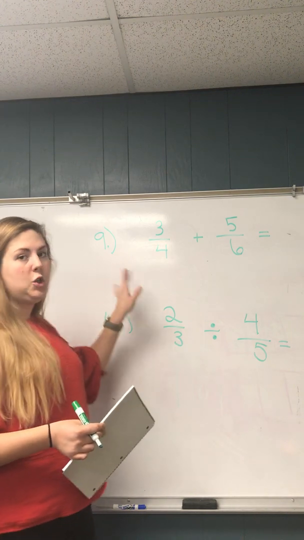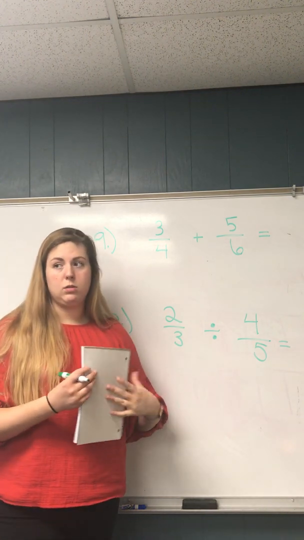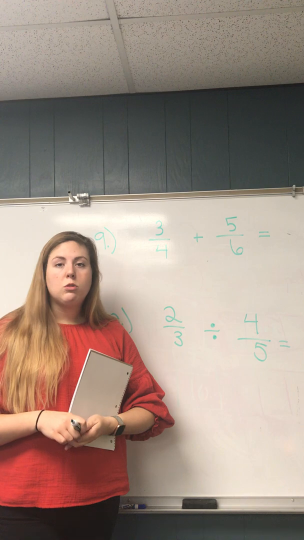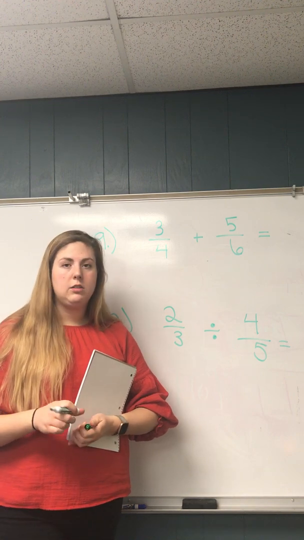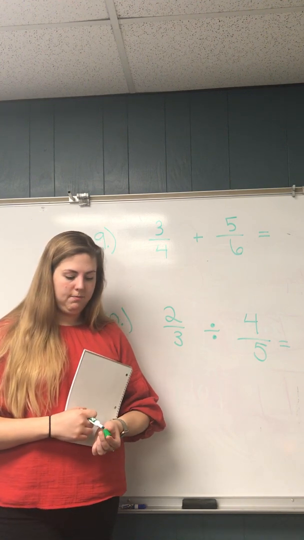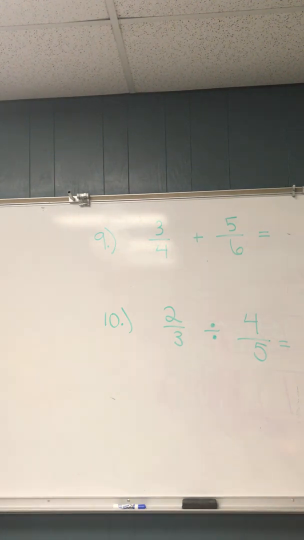Number 9 is addition, and we did that earlier in third quarter, so you should have your notes. You can look it up online if you need to. Email me with questions, all right? So those are your two problems, and those are the questions for numbers 9 and 10 on your Google form.